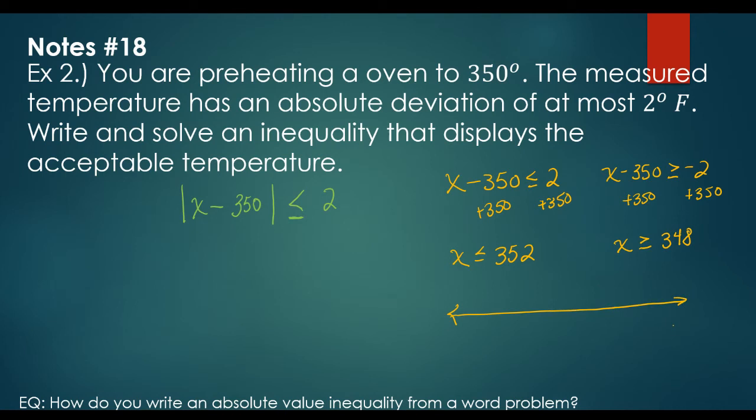What are the acceptable temperatures for an oven to change by at most 2 degrees? So this is 352 degrees. Temperature can be less than that. The other one is 348 degrees. Temperature can be greater than that. So this is the range of temperatures that the oven can deviate or change by from 350 degrees, right?